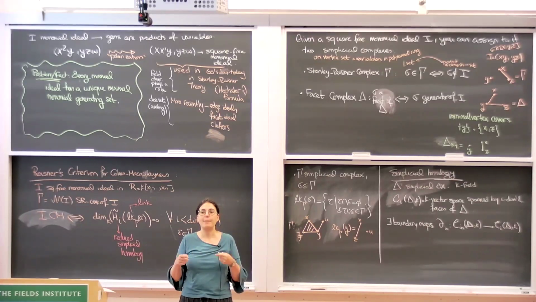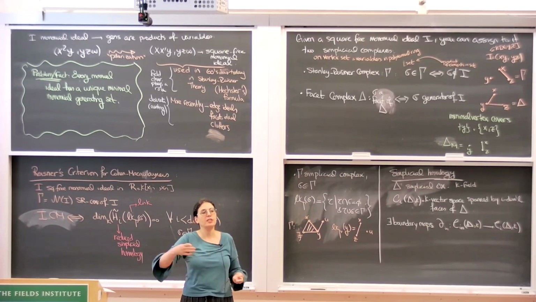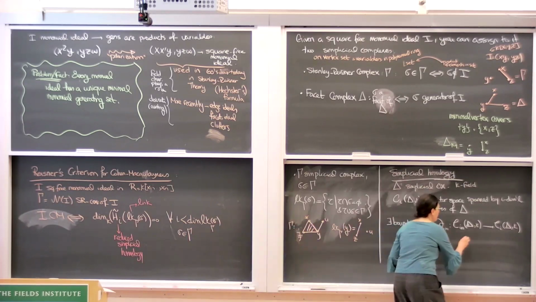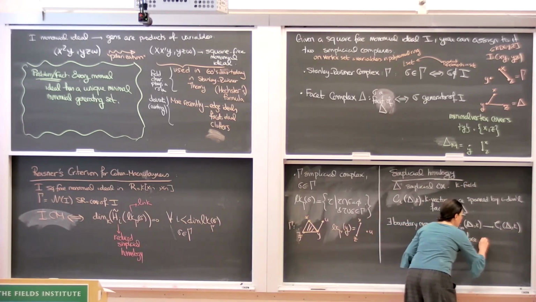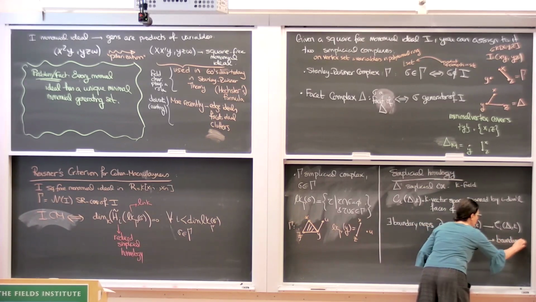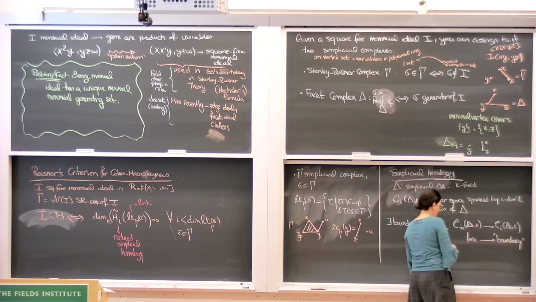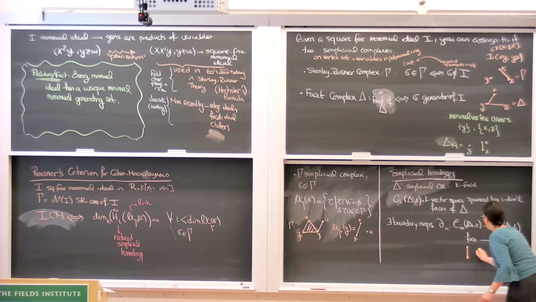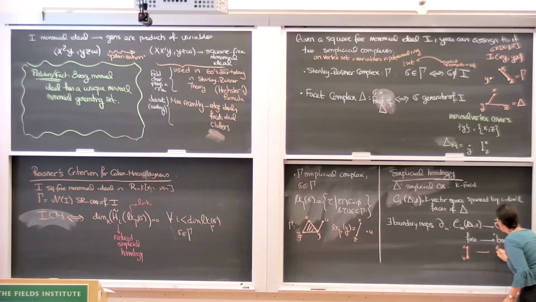So what matters is what happens to every face, and every element is just a sum of faces. Okay, so it takes every face to its boundary. So what is a boundary? I'm going to do an example here. Like, for example, an edge goes to these two, A, B, goes to A minus B.